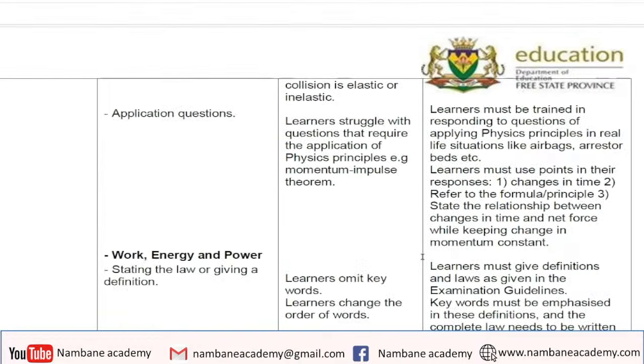Then the application, I've already talked to it in terms of the calculations, but there is this one that talks to the impulse momentum formula or momentum impulse theorem, where learners must know the importance of airbags. Learners must know the importance of bending knees for someone who's landing on the ground.